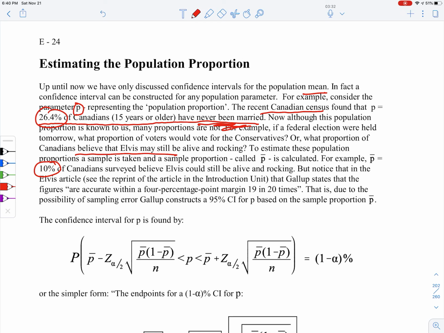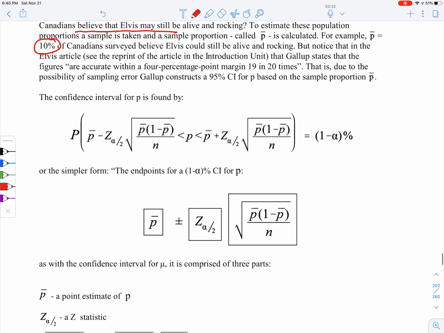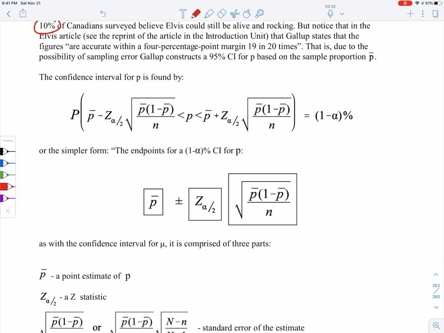And that's what this particular P is here. At the end of Unit N, we talked about using the normal distribution to approximate binomial probabilities. And so that's what we're going to build on here, is using actually a standardized normal or Z distribution to construct our confidence interval. So it actually looks like this.